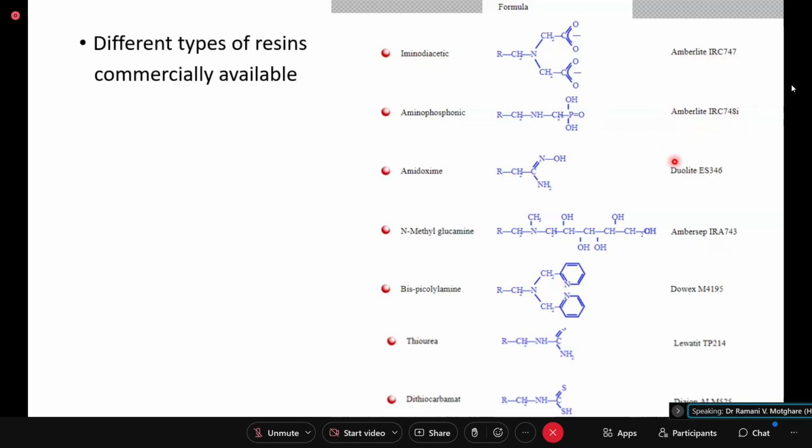These are the commercial names: Duolite and Ambersep and Dowex, and these are Lewatit and Diaion. Okay, so these are different groups present, and they'll be used. And this resin part, polystyrene or polyethylene or polyvinyl PVC and other organic polymers can be there. So R is the polymeric matrix.